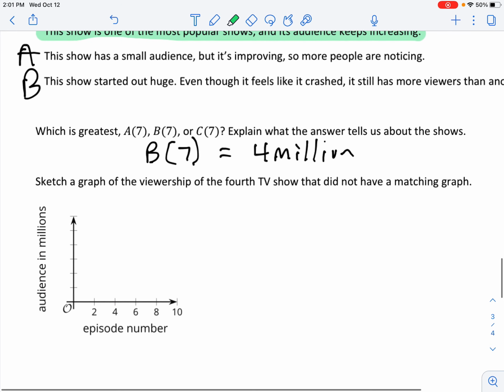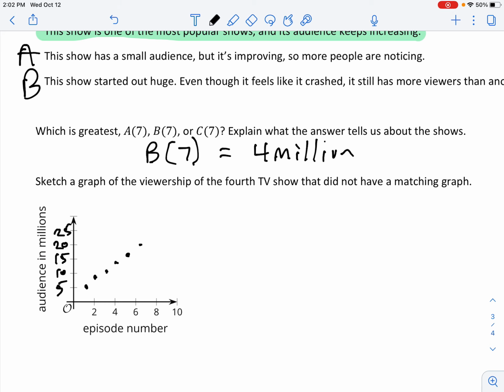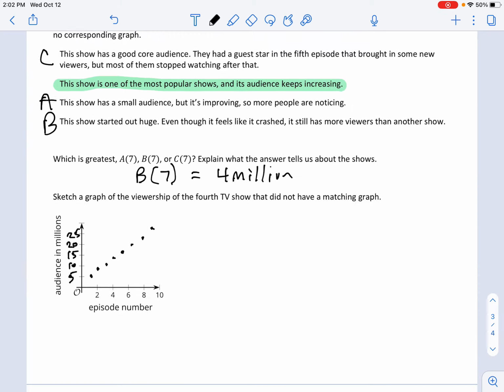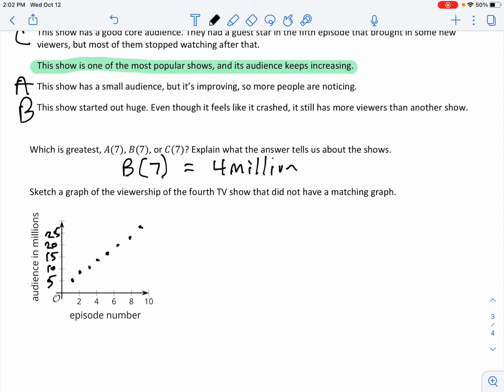So to really make this obvious, instead of counting by 2s or 0.5s, we could count by 5s even. So we go 5, 10, 15, 20, 25. And then we could just make points along the way, and you can see it just keeps growing. And we could say that is representative of that description. It says this show is one of the most popular shows and its audience keeps increasing.